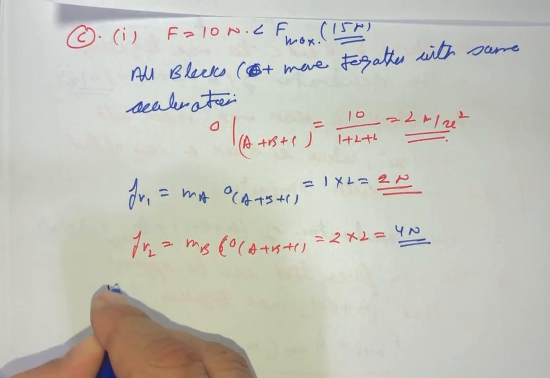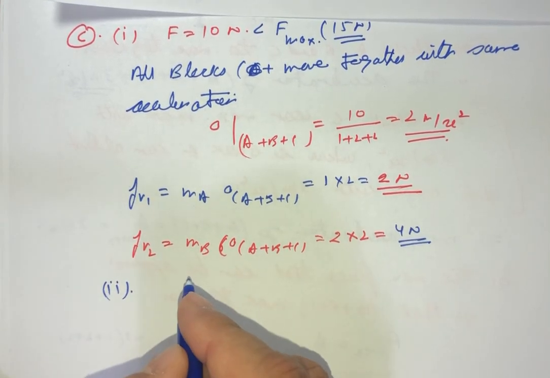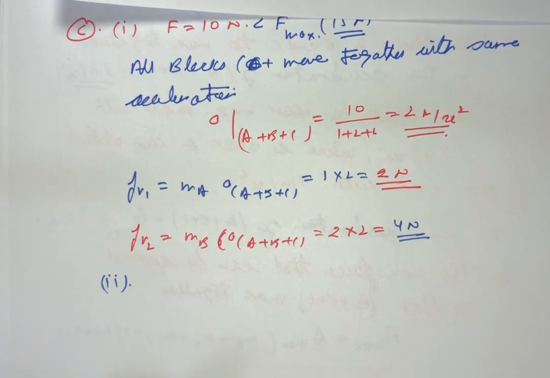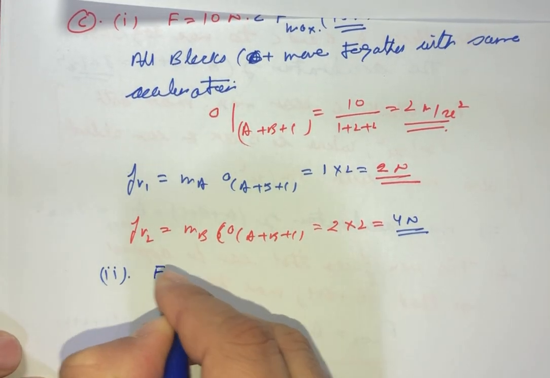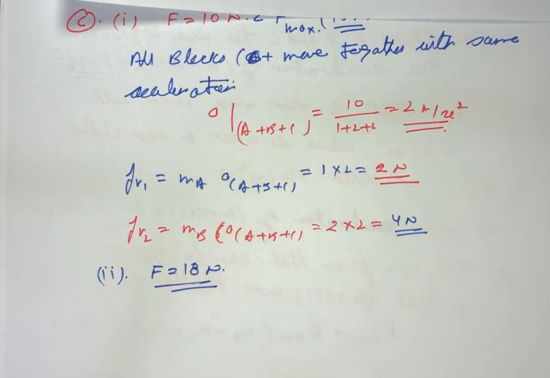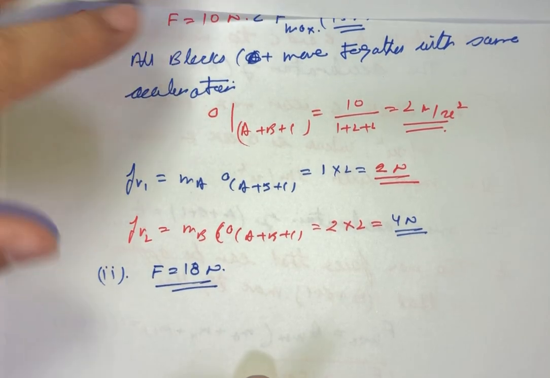Now let us consider case 2. Case 2 is giving us an applied force of 18 Newton. So we have F equal to 18 Newton. Now this value of force is obviously greater than the 15 Newton, that is the maximum value.